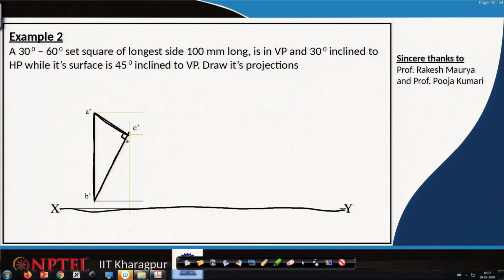This is 90 degrees angle, this one 60 degrees and this one 30 degrees. And look at the points in the frontal plane, A prime, B prime and C prime. These always have projections downwards, and this point also downwards.